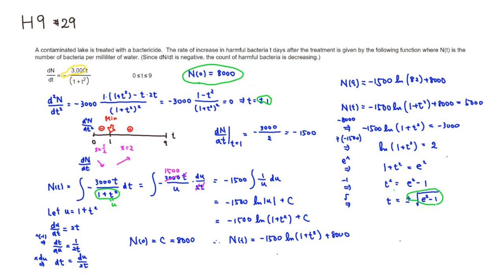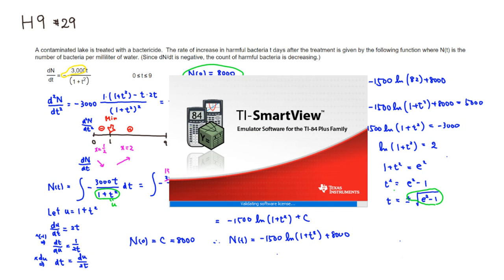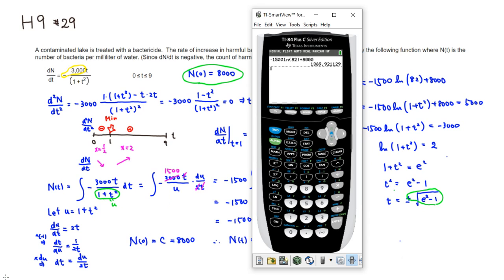So let's compute that value. We need a square root here, and then e squared, then minus 1. Hit enter.